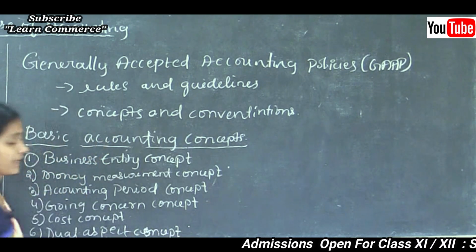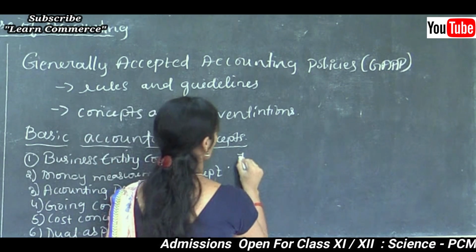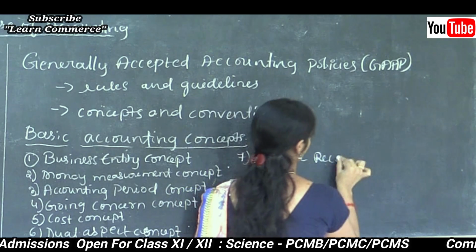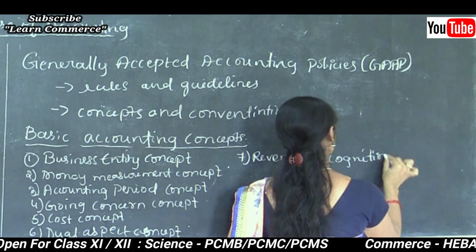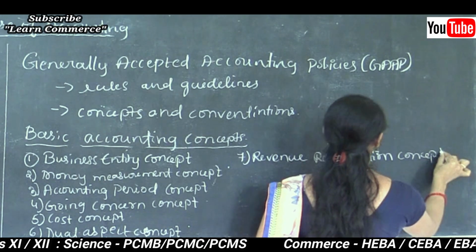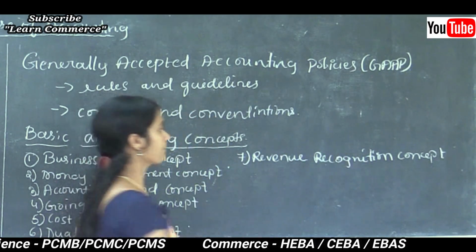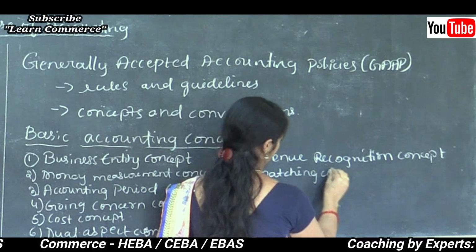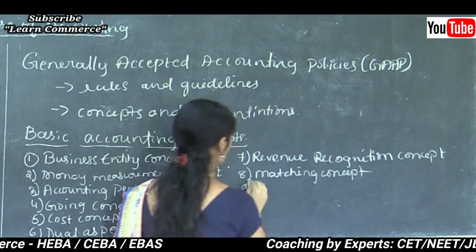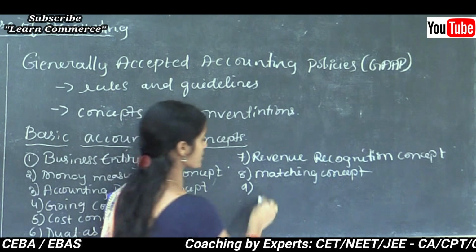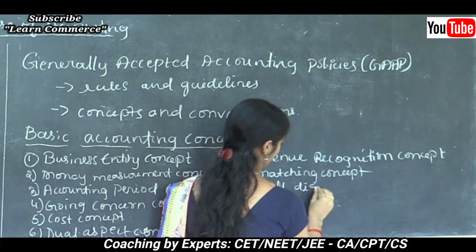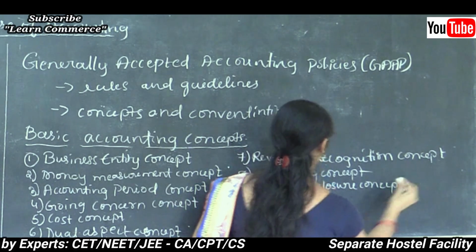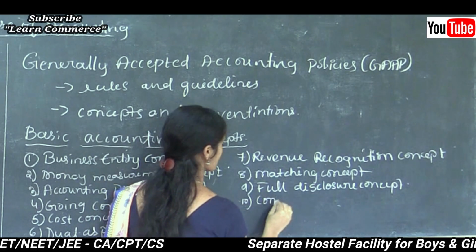The seventh one is revenue recognition concept. The eighth one is matching concept. The ninth one is full disclosure concept. The tenth one, consistency concept.